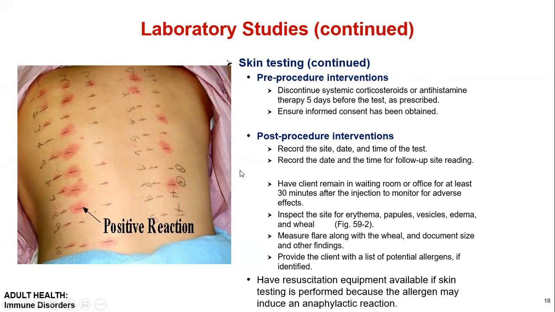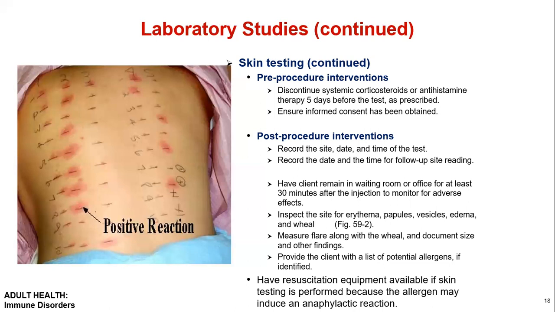Also have a client remain in waiting room or office for at least 30 minutes after the injection to monitor the adverse effect. So it is a chemical or dye injected inside the body. So after the test, it is very important to tell your patient to stay inside the clinic or hospital for next 30 minutes.